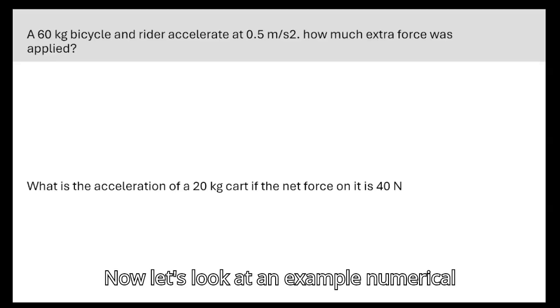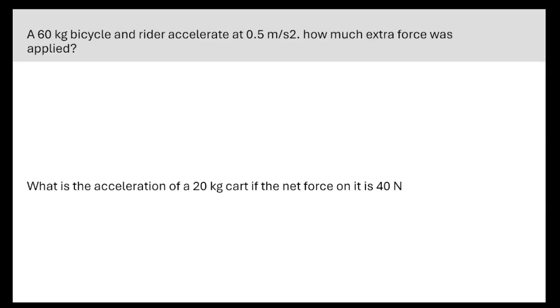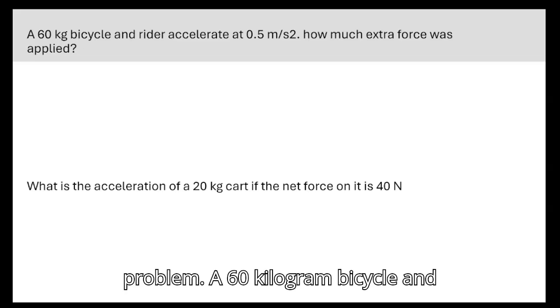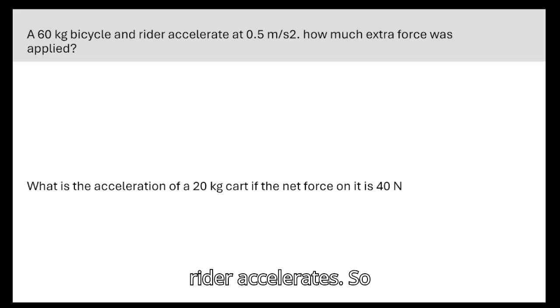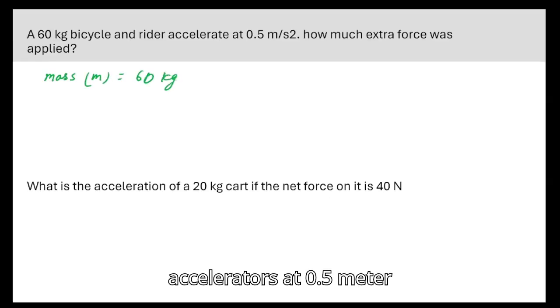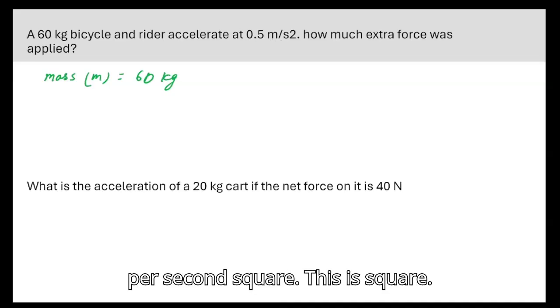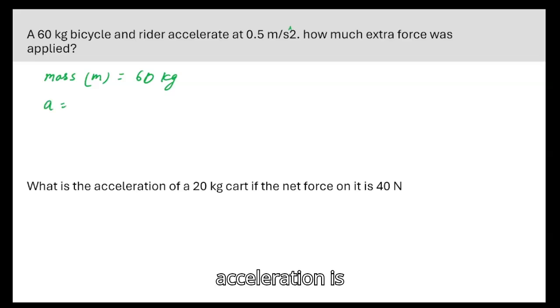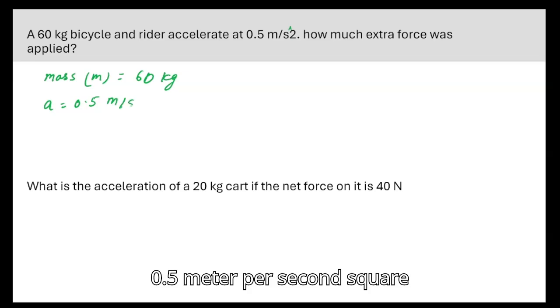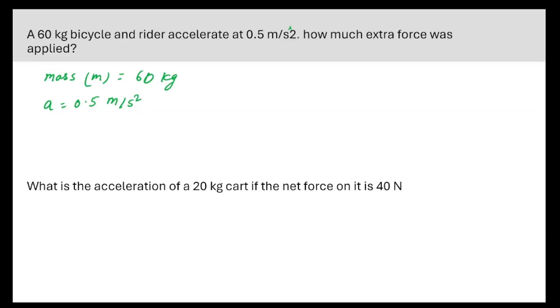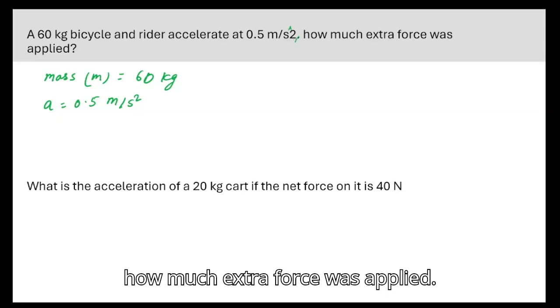And now let's look at an example numerical problem. A 60 kilogram bicycle and a rider accelerates. So mass is 60 kilogram, accelerates at 0.5 meter per second square. Acceleration is 0.5 meter per second square, and the question is asking how much extra force was applied.